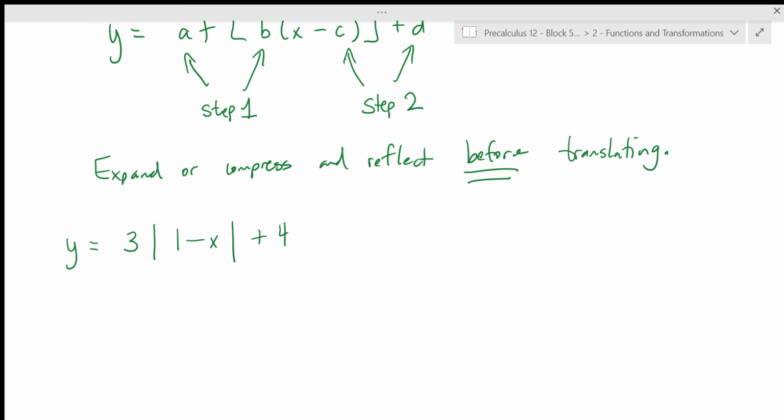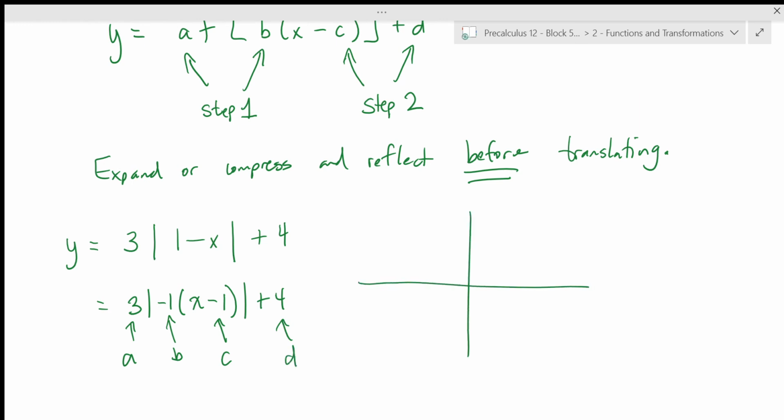So here we have, if we factor out this b, so we have to rewrite it, so this is negative 1 times x minus 1, plus 4, so we get our b. So this is our a, which means we have a scale factor of a. This is our b, which is a reflection, and we have a horizontal translation and a vertical translation. So let's actually see how that graphs.